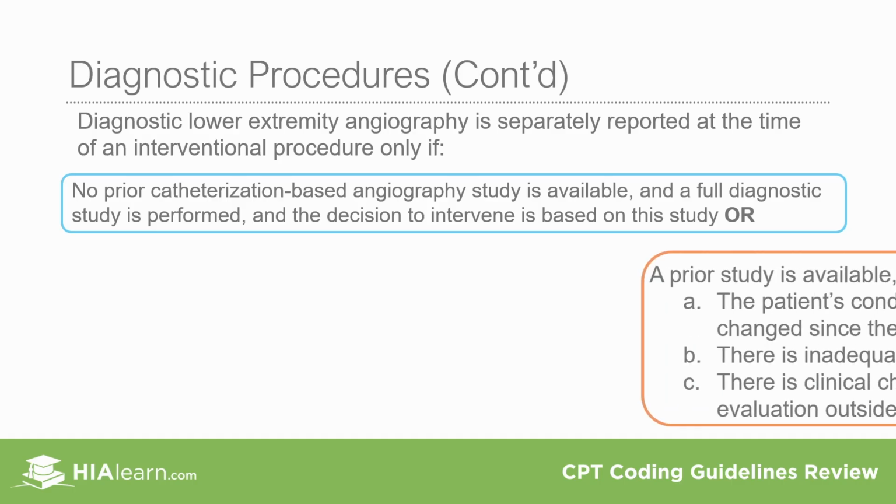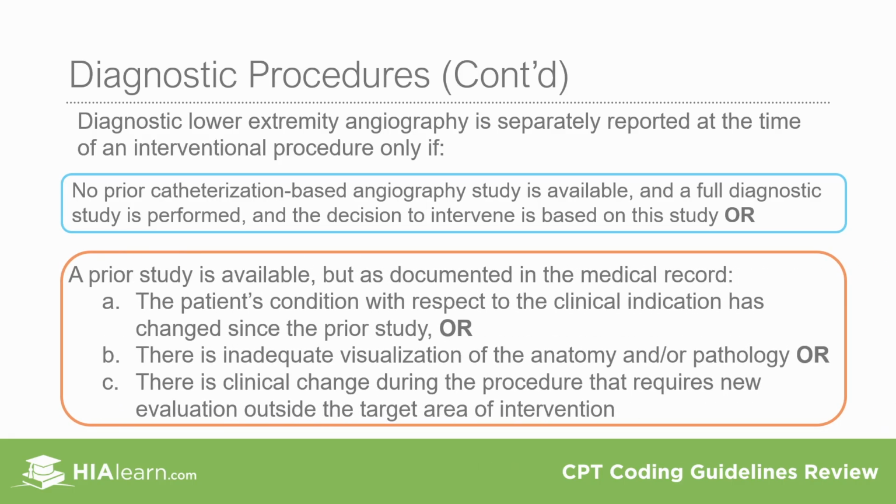Or a prior study is available, but as documented in the medical record, the patient's condition with respect to the clinical indicators has changed since the prior study, or there is an inadequate visualization of the anatomy and/or pathology, or there is a clinical change during the procedure that requires new evaluation outside the target area of intervention.